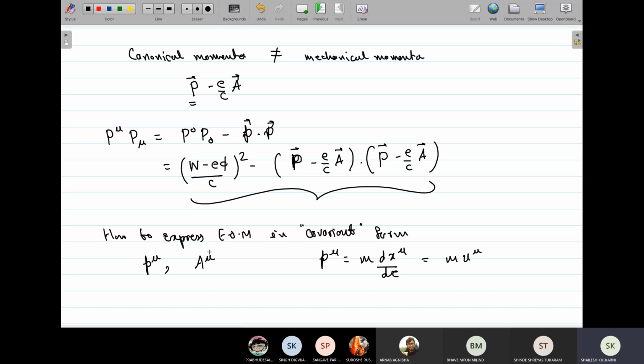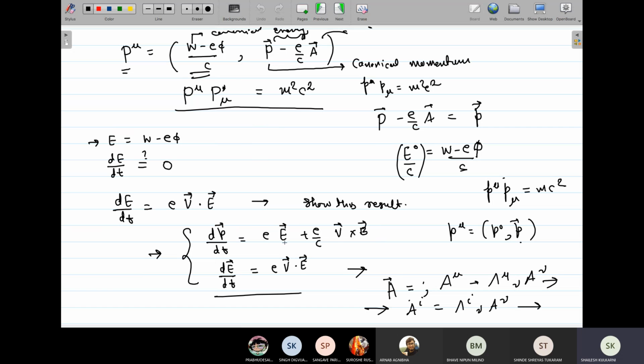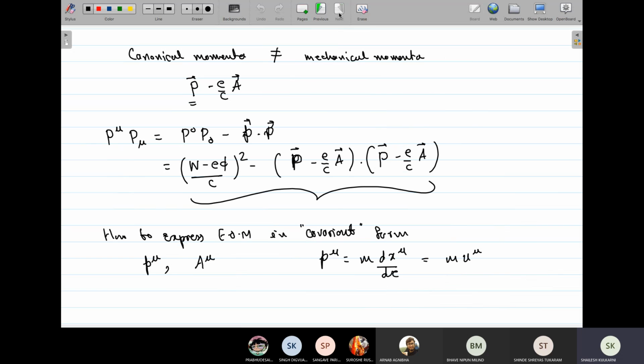But before coming to that question, we have to write B and E in a slightly different notation, because these equations involve E and B. Let me write E and B in a slightly different way.